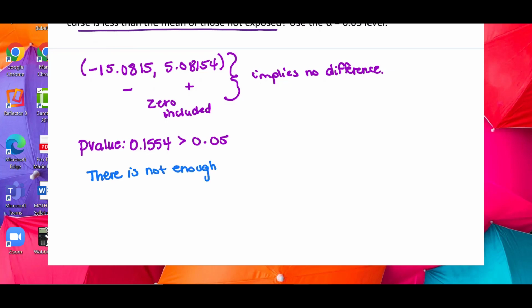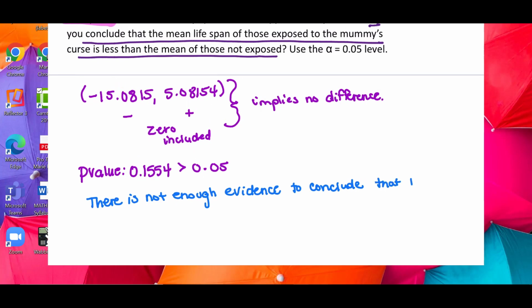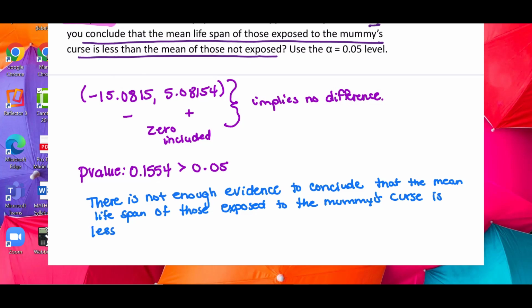enough evidence to conclude that the mean lifespan of those exposed to the mummy's curse is less than the mean of those not exposed.